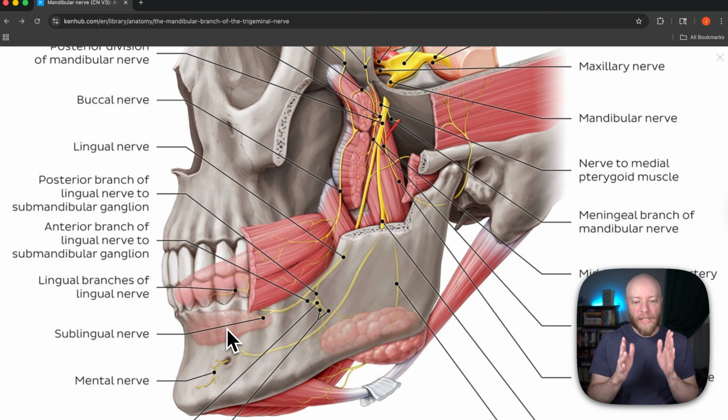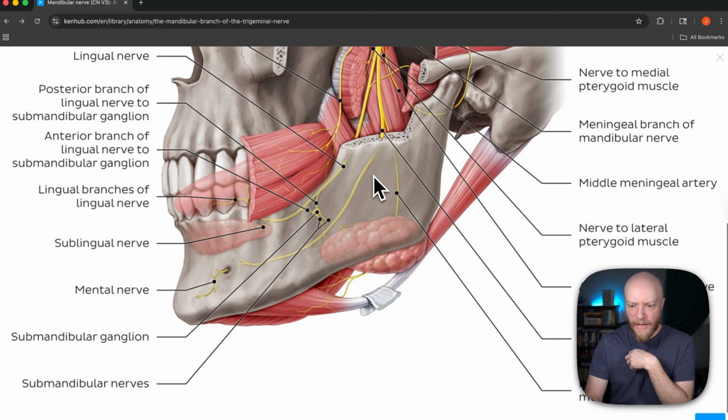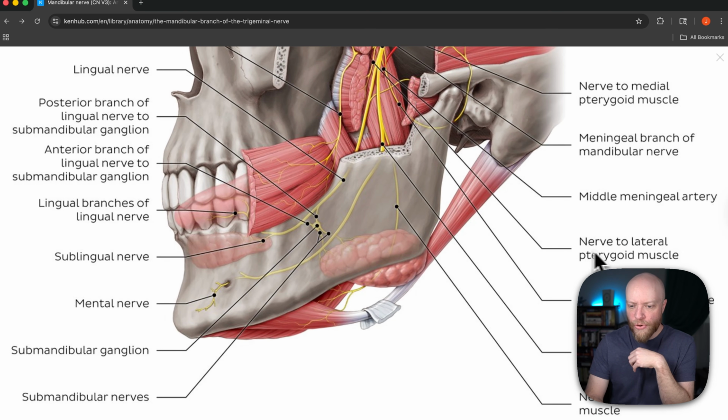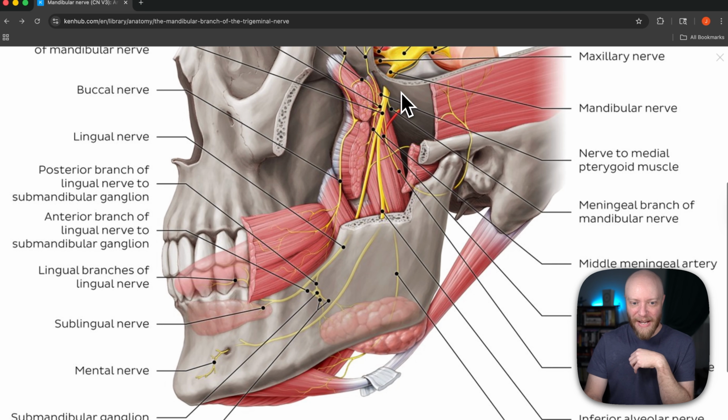The reason I'm bringing this up is because if you start looking through these terms, you're going to start seeing things that make sense, right? Let's see if I can find it. Aha, see this term right here? Nerve to lateral pterygoid muscle. And then we follow it, and guess what? It's going to the lateral pterygoid. There's a nerve to the medial pterygoid. We're talking about the sublingual nerve. Where do you think the sublingual nerve is going to be going?